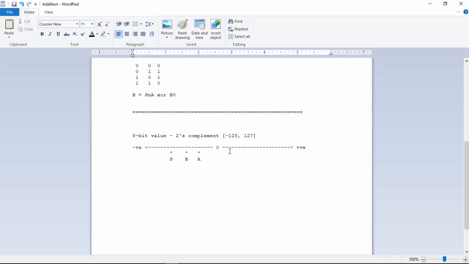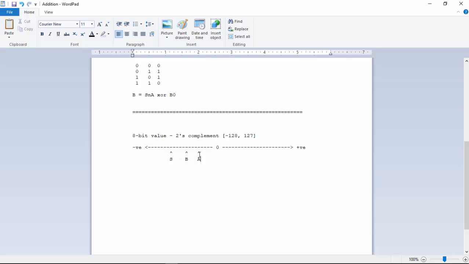Then the addition of two negative numbers gives you a much more negative number, right? Your sum is pushed towards the more negative side, and it can become so negative that it can no longer be represented with 8 bits.